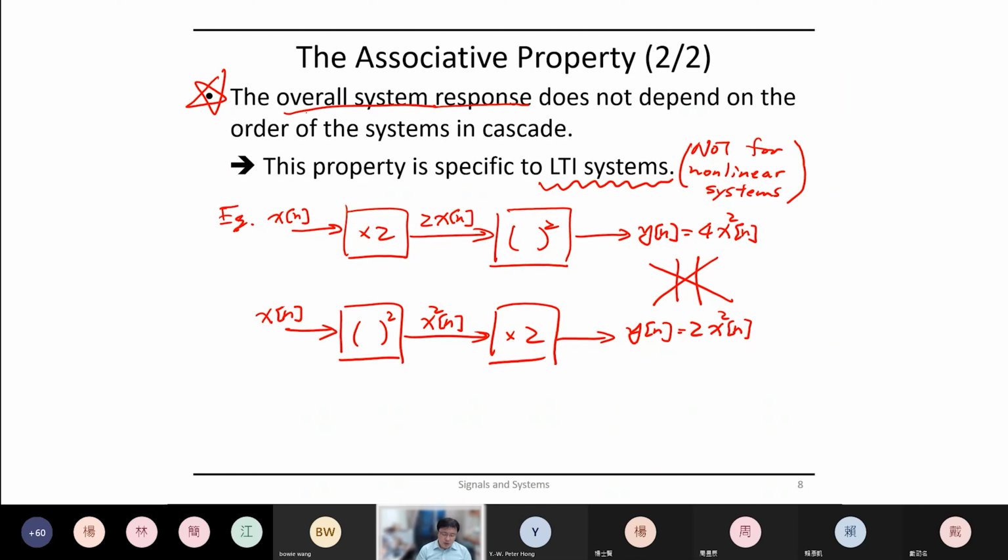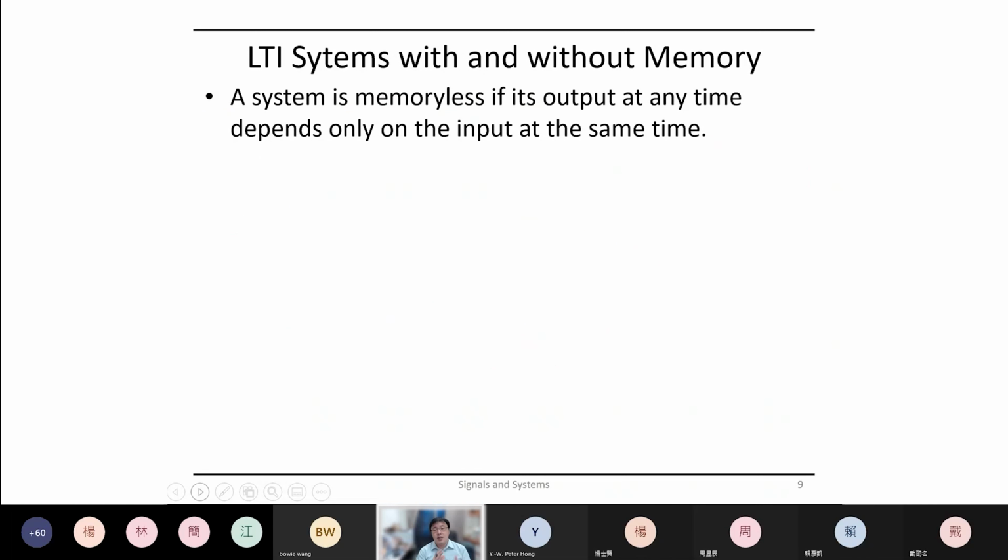Now, next, what we want to do is to go through several properties of systems that we talked about before. Previously, we introduced some common properties that we may observe in different systems, such as systems with or without memory, invertibility, causality, stability, and things like that. But previously, we defined these properties in terms of their input and output relation.